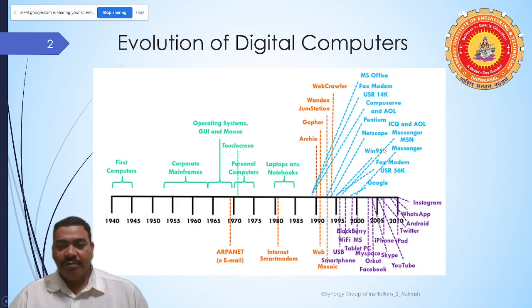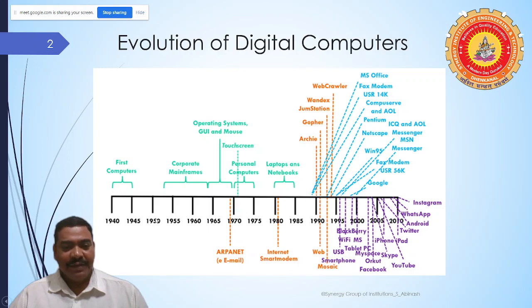From this figure, you can identify that the first digital computer was invented in the year 1940. During 1940 to 1945, a number of designs were invented by scientists of different countries, starting from Germany to the USA.